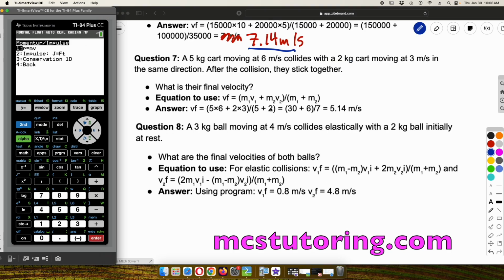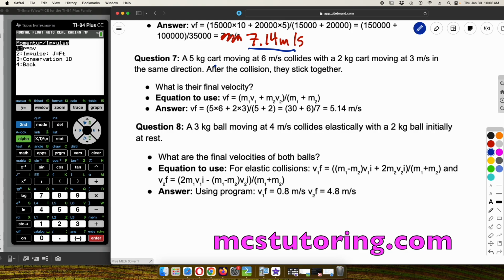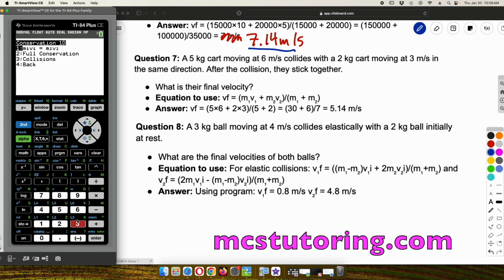Question 7, the penultimate question. A 5 kilogram cart moving at 6 meters per second collides with a 2 kilogram cart moving at 3 meters per second in the same direction. After the collision, they stick together. Oh, okay, so we've got conservation, 1D. It is a collision, and it's inelastic because they stick. So M1 is 5 kg, M2 is 2 kg.